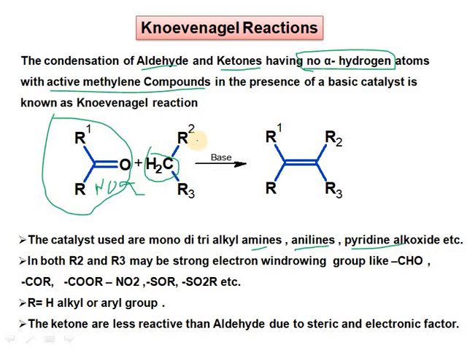But the R2 and R3 groups are very important for activating those carbons, like electron withdrawing groups such as aldehyde, ketone, ester, nitro group, sulfonyl group, sulfonate group, and R will be hydrogen, an alkyl group, or an aryl group.